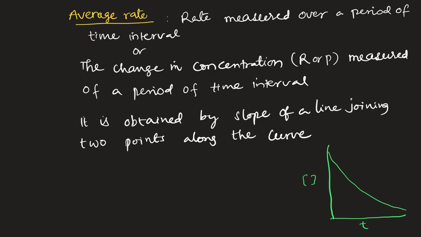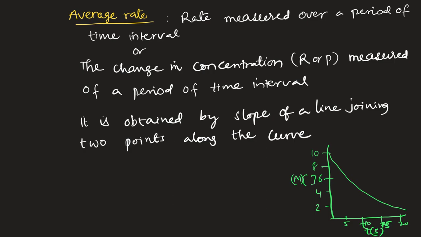So now I am drawing, this is 2, 4, 6, 8, 10. This is concentration in molarity, M. Time will be taken here 5 and here 10 and here 15 and here 20, time in seconds.